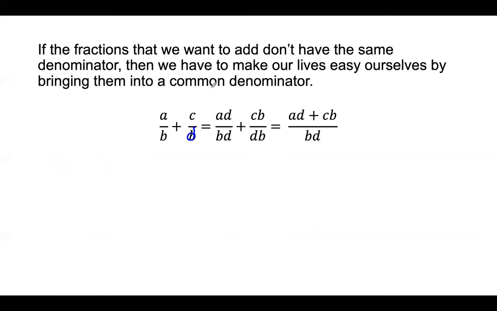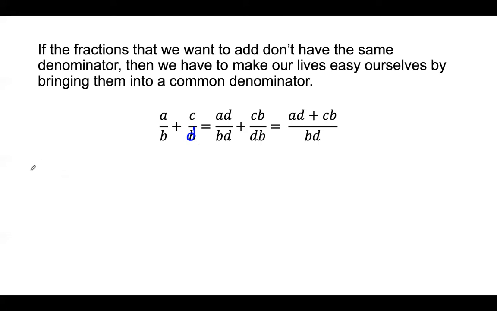So if the fractions that we want to add don't actually have the same denominator, then we have to make our lives easy ourselves by bringing them into a common denominator. So suppose you have a over b plus c over d. Well, we want a common denominator.